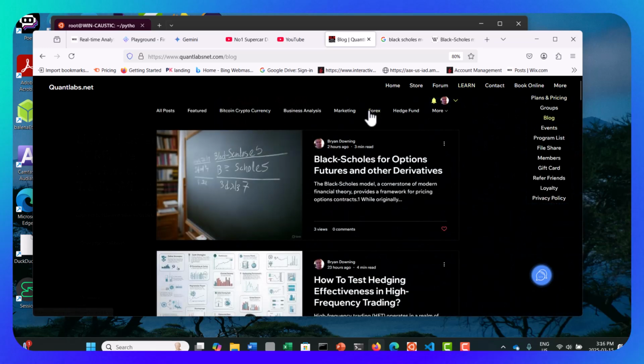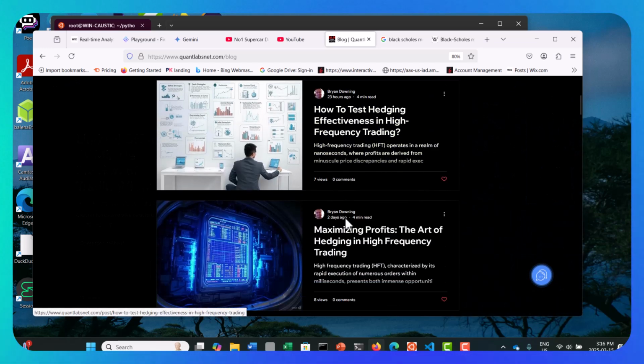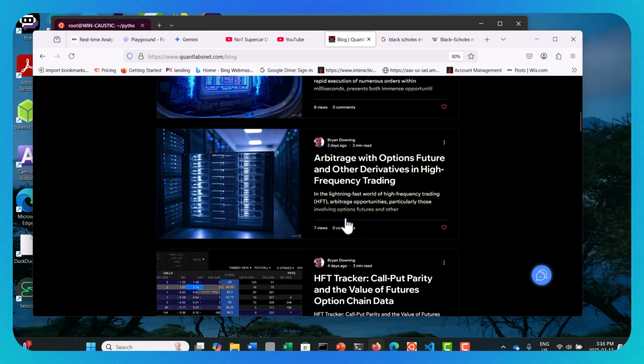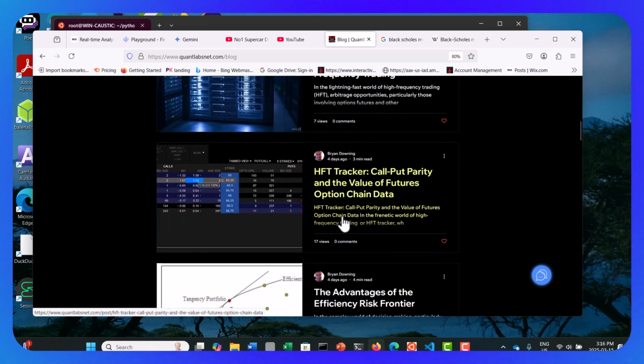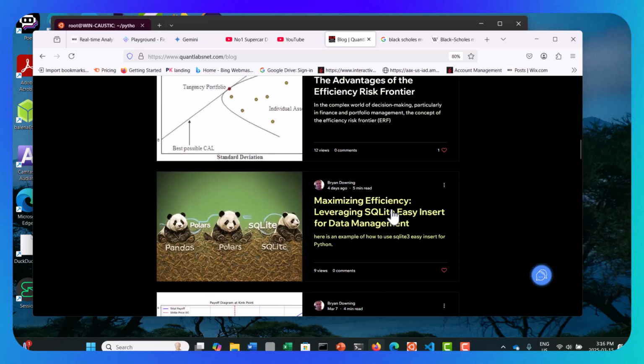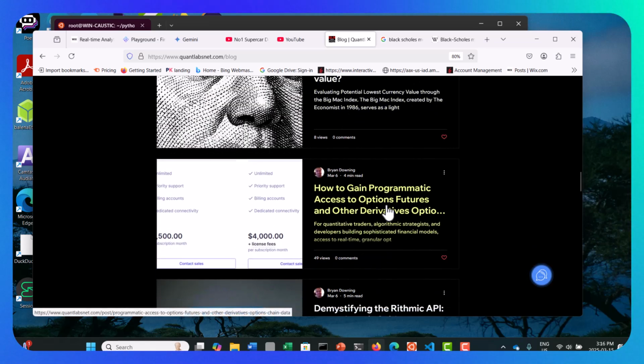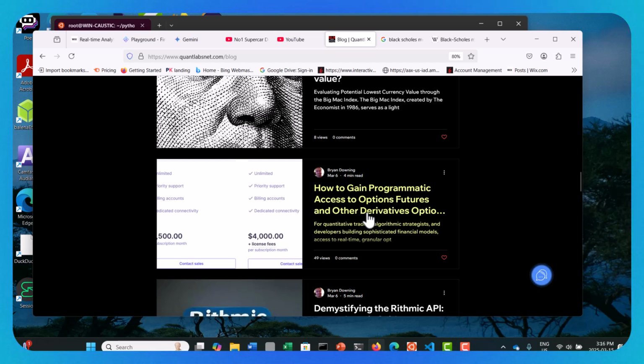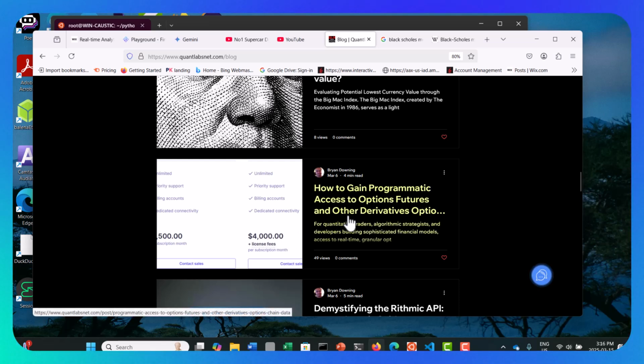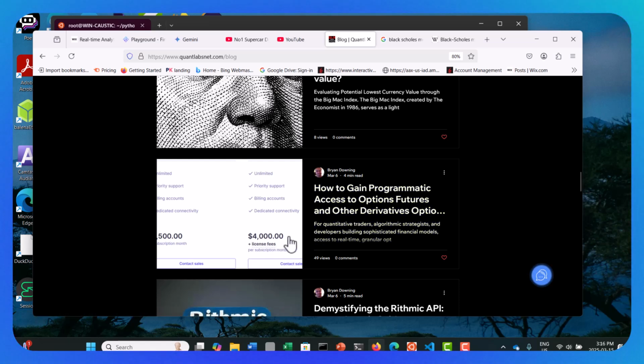Under the blog at the website, quantlabsnet.com, you can see all the different topics here. Sometimes I'll release videos on arbitrage, and the last one on hedging, efficient frontier, all that stuff. There's going to be more information in the blog. As an example, this goes right into specifics on what I mentioned about the option chain data being very, very expensive, 2,000 or 2,500, 4,000 per month, plus the term, plus the licensing fee.